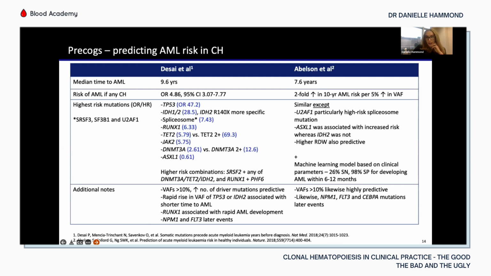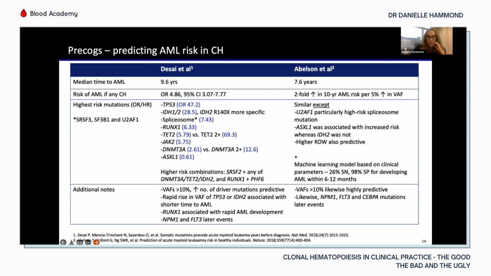And in terms of the highest risk specific mutations associated with AML risk, it was, not surprisingly, TP53, mutations in IDH1 or 2, any spliceosome mutation, RUNX1, and then for DNMT3A and TET2 and ASXL1, that was really more if multiple mutations were found in these genes, or if it was a DNMT3A or TET2 mutation plus other affected genes, so combinations.